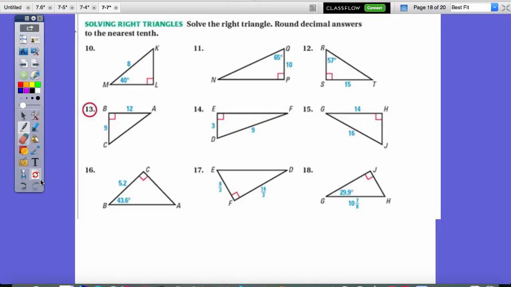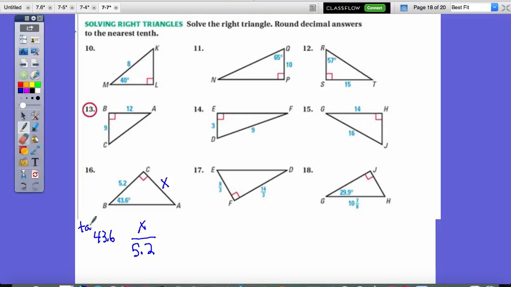Now I'm going to move on to number 16, which involves some decimals. I'm first going to find the measure of that leg. That's the opposite of this angle. I'm given the adjacent, and that's a 43.6 degree angle.